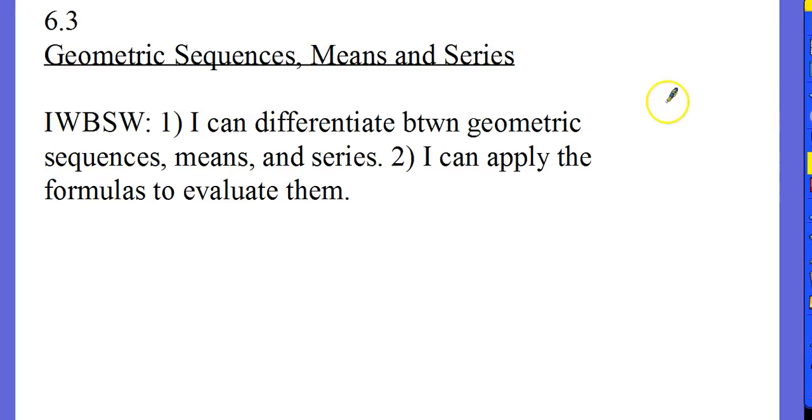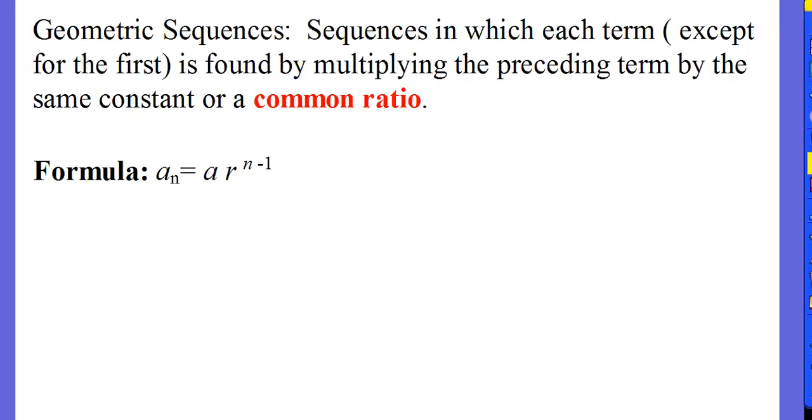So these are the things we're going to do today, focusing on sequences and means. So we're going to start with the definition of geometric sequences, and then after the definition, we'll put it into practice, so the definition is just more than words. So a geometric sequence is a sequence in which each term, except for the first term, is found by multiplying the preceding term by the same constant.